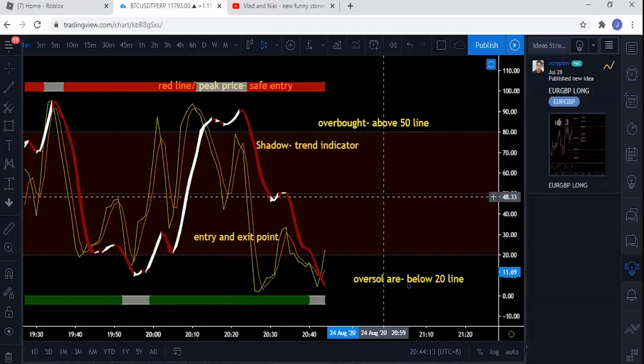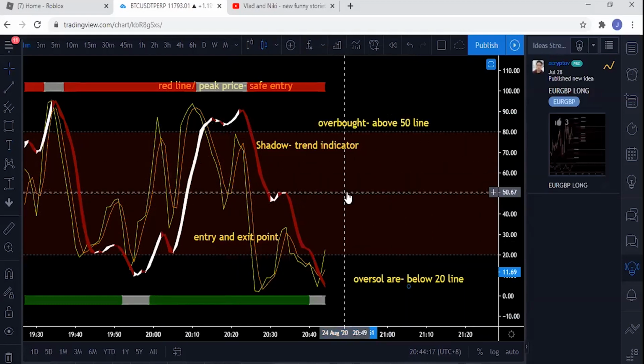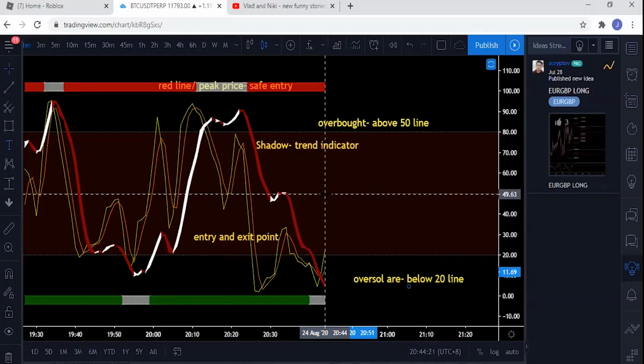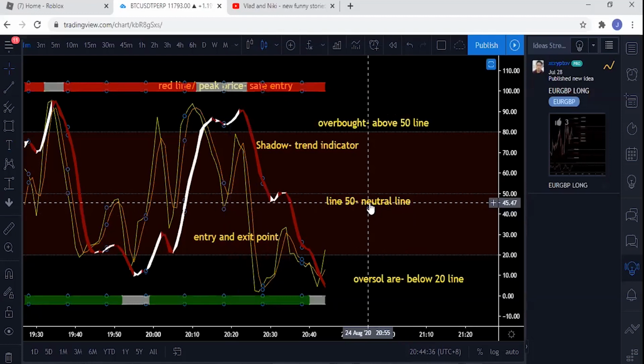And this is our 50 line, our neutral line. Line 50, this is our neutral line. Just like our pivot, 50 neutral line.